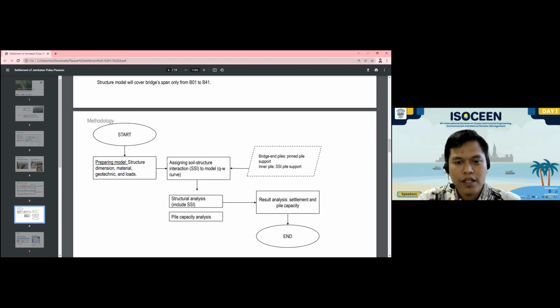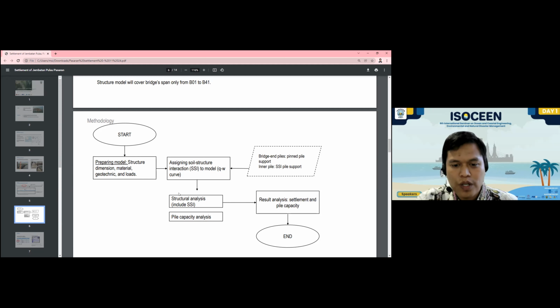And then we made the model which involved soil structure interaction, or SSI, with the QW curve, which represents the end bearing resistance of the pile.